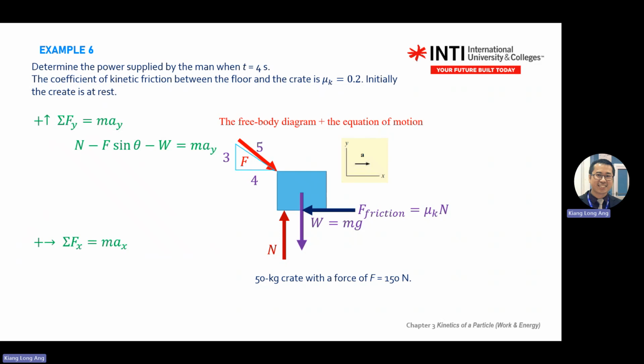What is the ay in this case? What's the ay? What is the acceleration in the y direction?